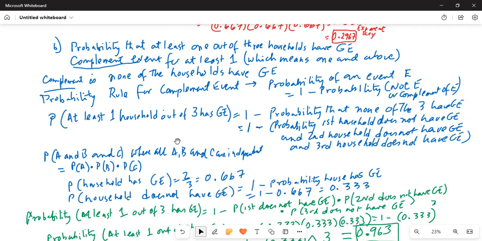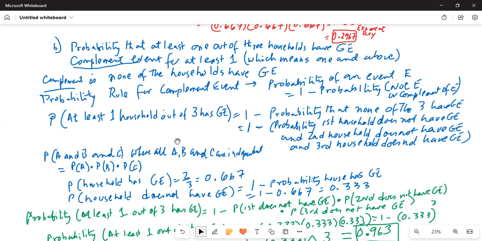So probability of at least one household out of 3 has GE is equal to 1 minus the probability of the complement event, which is that none of the 3 households have GE. And these are independent events. So 1 minus probability the first household does not have GE, and second household does not have GE, and third household does not have GE.